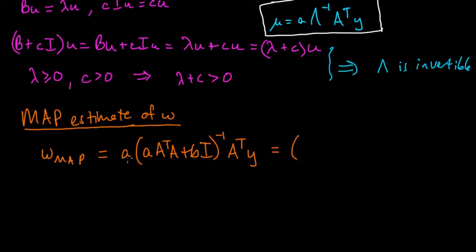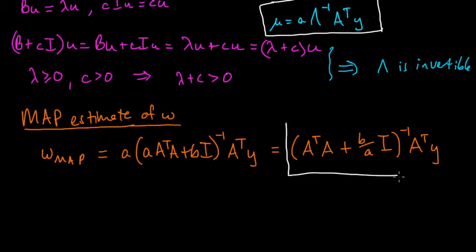So we move this inside and we get 1 over A canceling this A, and we get (B over A times the identity) inverse times A transpose Y. And that gives us a nice expression for the MAP.